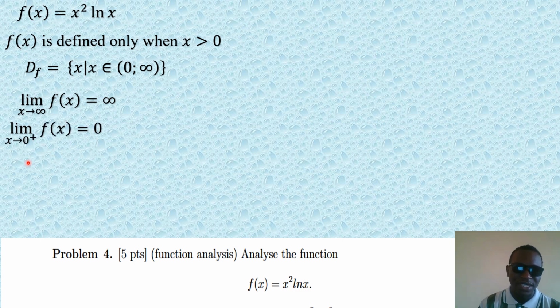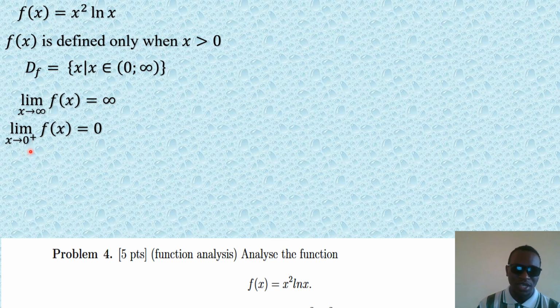What about the limit as x tends to 0 from the right? As x tends to 0 from the right, thus we are moving closer to 0, f of x would approach 0. Let me explain why. This function is not defined at x equals 0, which would normally have posed that this graph should have a vertical asymptote. But this factor cancels that effect. Let's analyze and see.